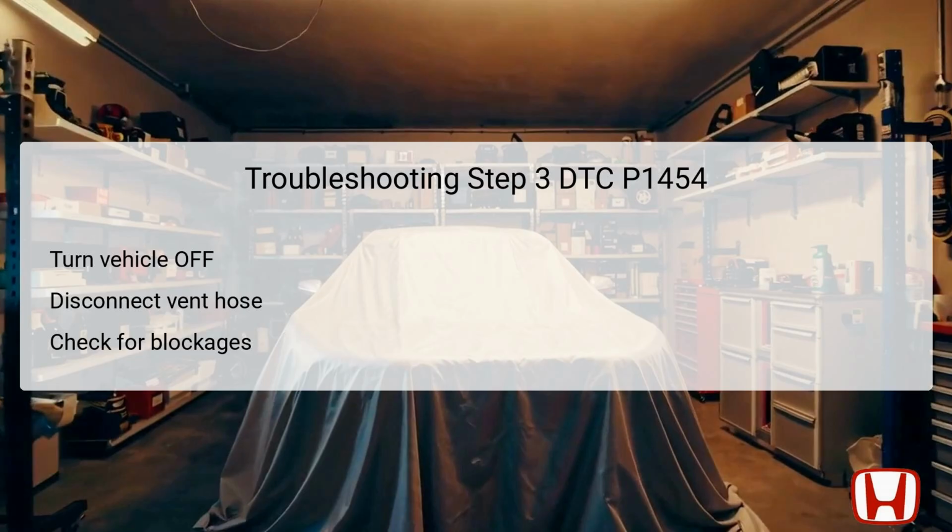By examining the current values in the HDS, you can ascertain whether the values fall within the specified thresholds. If the conditions meet the threshold, this indicates that there are blockages present in the EVAP canister vent hose or the drain tube joint.